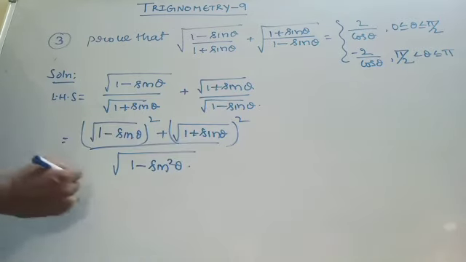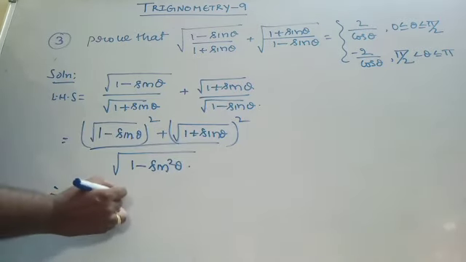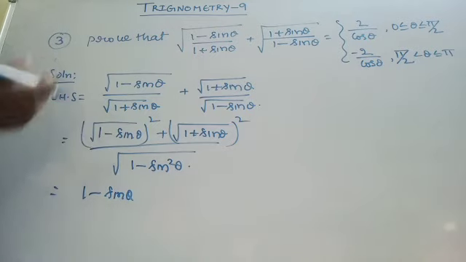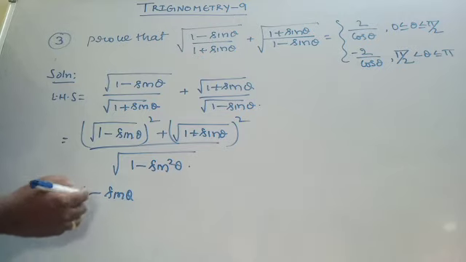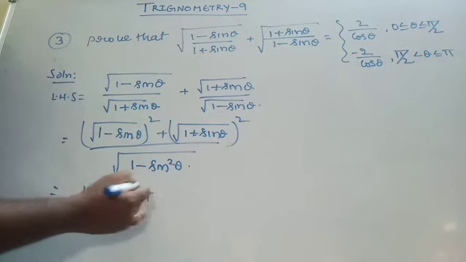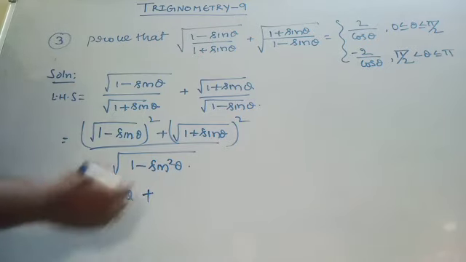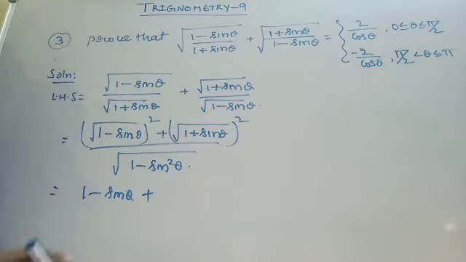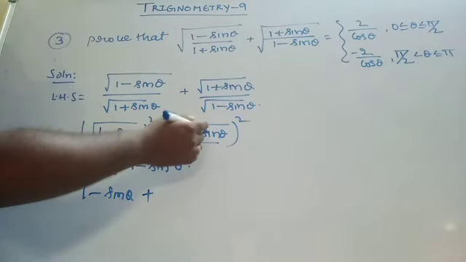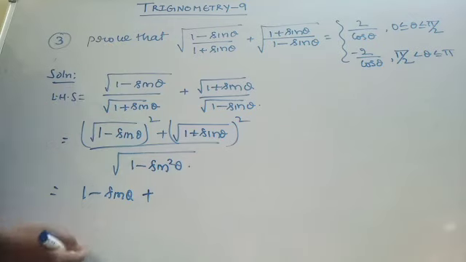Now this becomes 1 minus sin theta, because 1 minus sin theta, as I told you already, is always positive. Therefore you can write it as 1 minus sin theta in the numerator, and plus 1 plus sin theta, which is always positive, because 1 is the maximum value of sin theta.